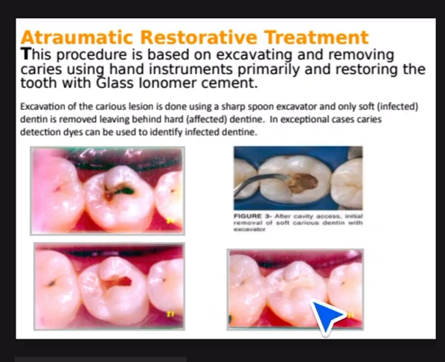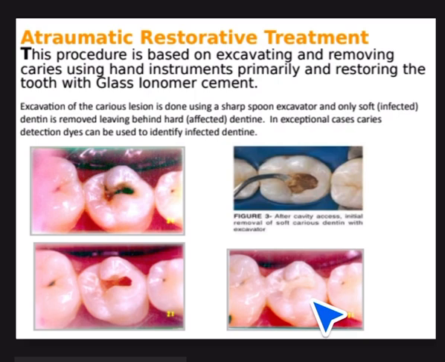1, 2, 3. No handpiece, no burrs, no instruments, just spoon excavator and glass enamel cement. This does not take even 5 minutes. It is very successful in case of children because we are not using handpieces.